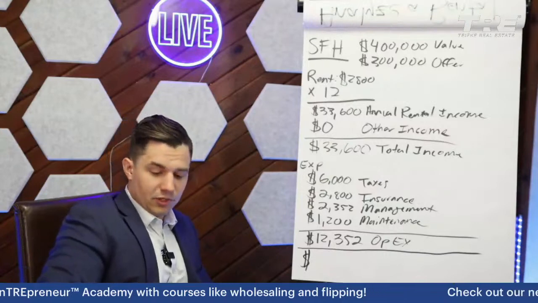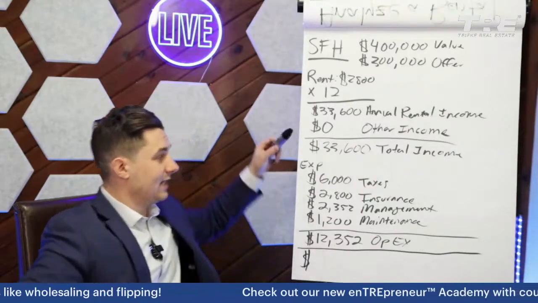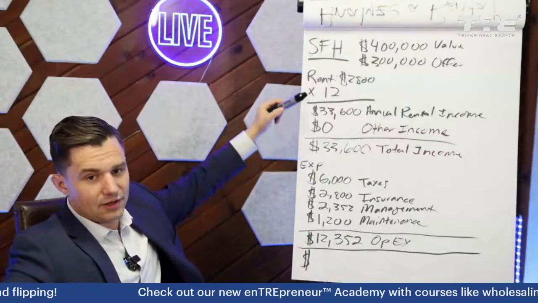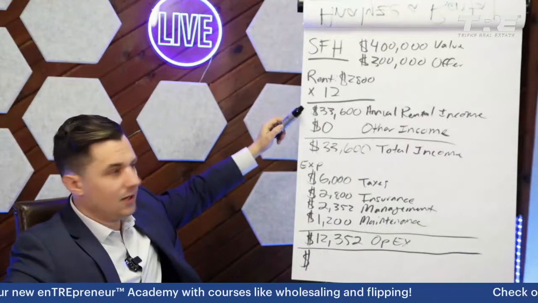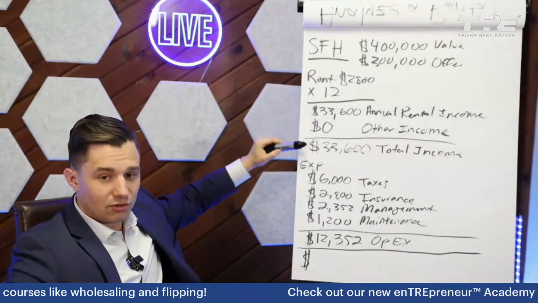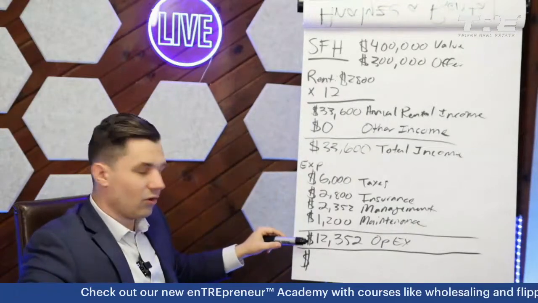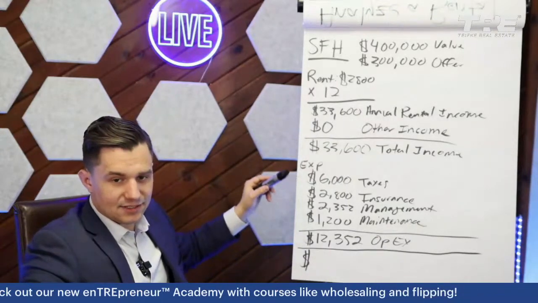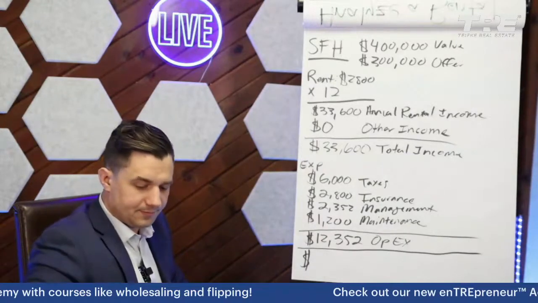All right, so we're going to take 33,600. That is our total income, right? Our rental income, 2,800 times 12, annual rental income plus other income, which was 0 in this case, gives us our total income of 33,600, minus our total operating expenses, which is taxes, insurance, management, maintenance, and anything else that comes up along the way.